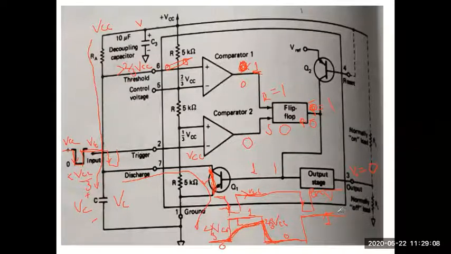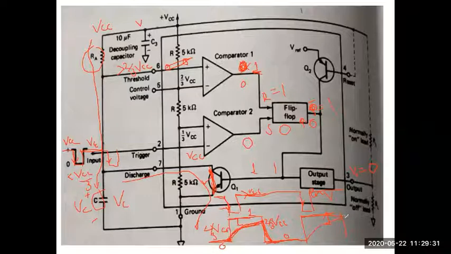The going back of output to 0 depends on the value of this external resistance RA and C. We call RA into C the time constant of this circuit. So it depends on the time taken for this capacitor to charge up to 2 by 3 VCC. So this capacitor will be slowly charging.